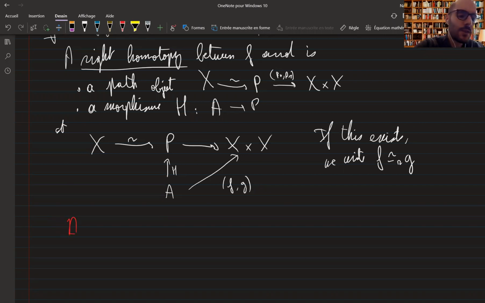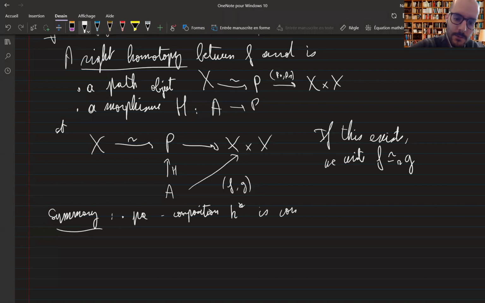Okay, I'm not going to write all the propositions, but the summary is the same. Pre-composition is compatible: if you have a homotopy and a map from B to A, it suffices to pre-compose the homotopy to get a homotopy between the pre-compositions.